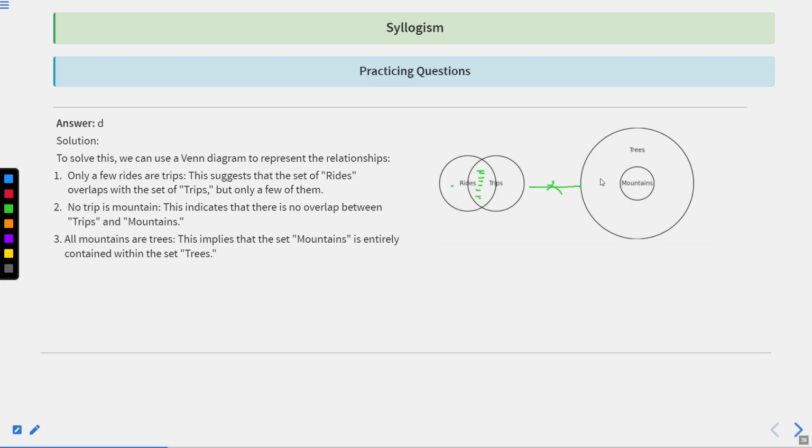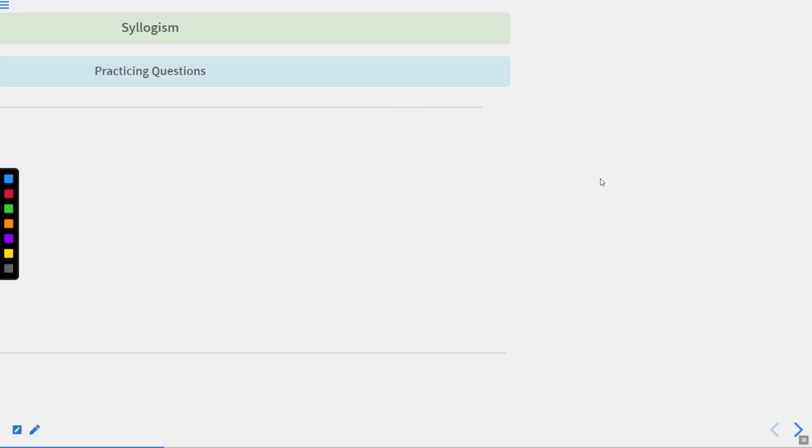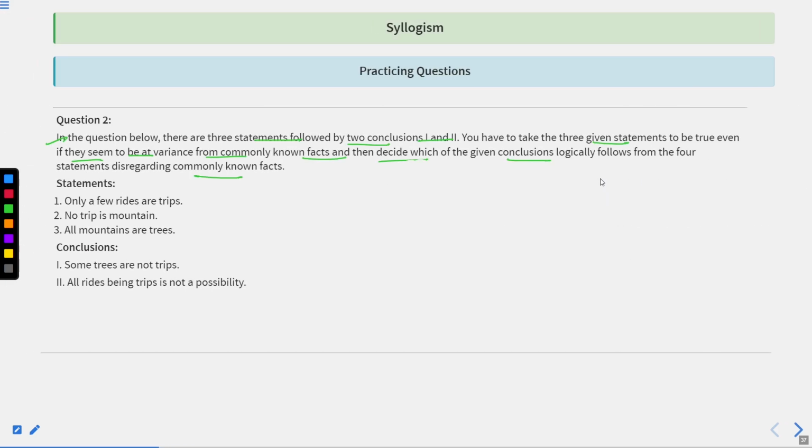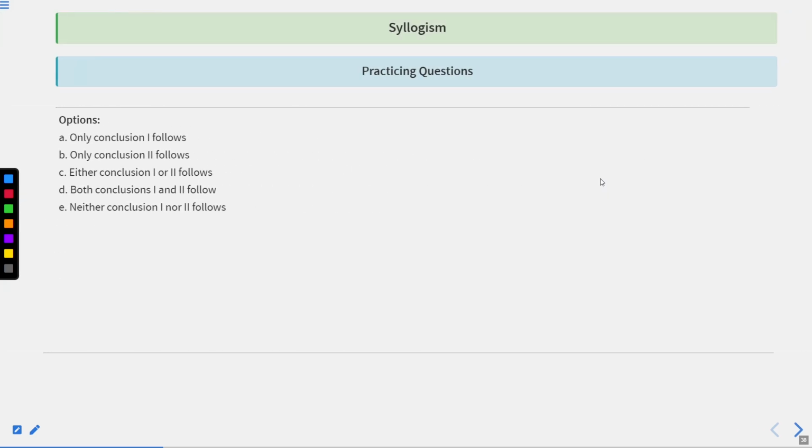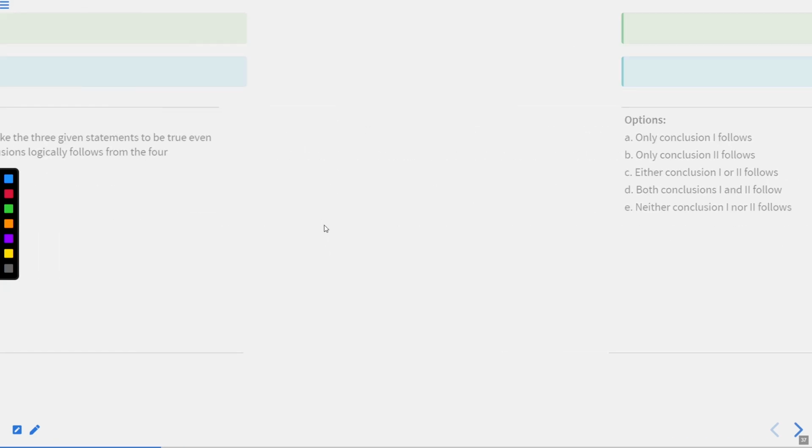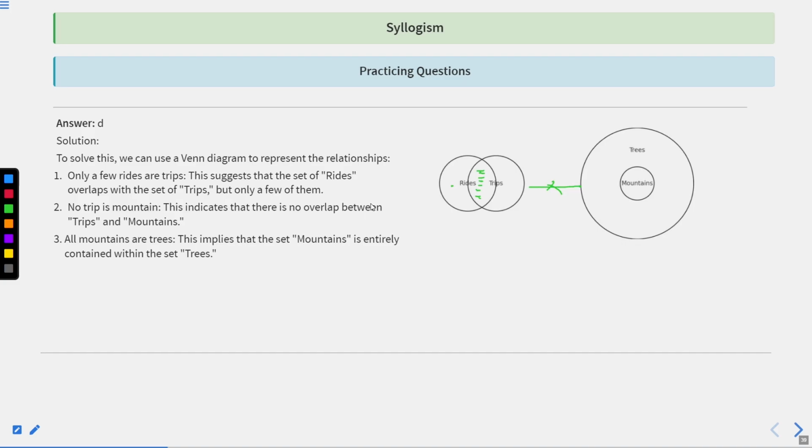Now, the second conclusion is some trees are not trips. Is there any linkage between trips and mountains?